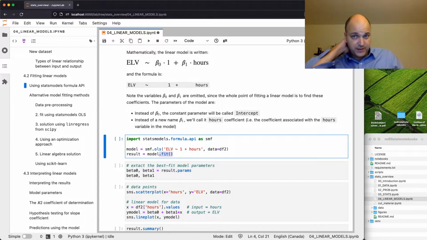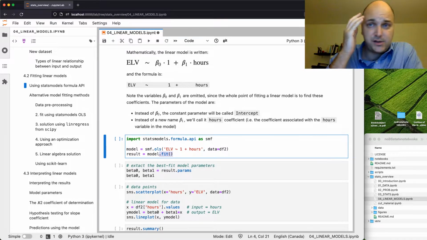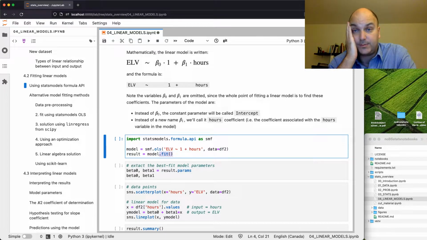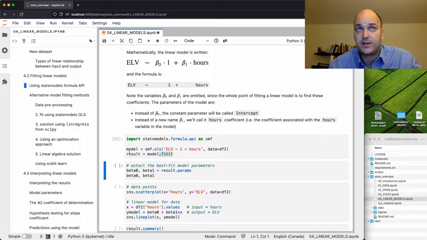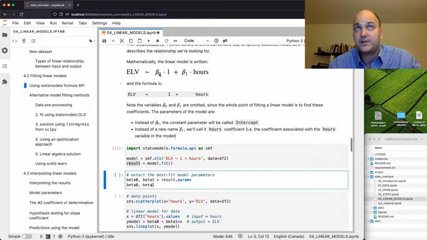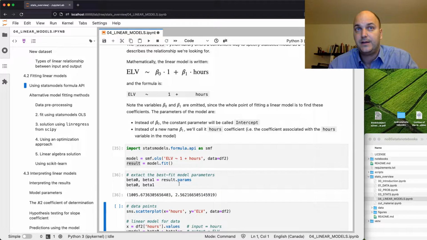Fitting a model can be thought of as an optimization problem, or it could be done many different ways. But by the end of running this cell, result contains the best choices of the parameters beta 0 and beta 1. And this is the best fit.